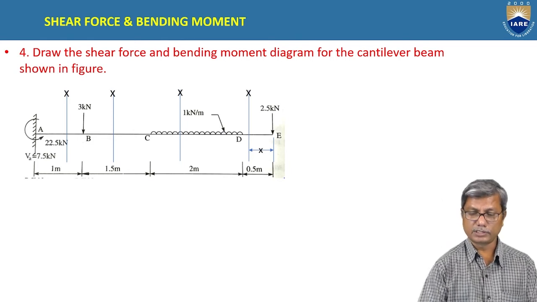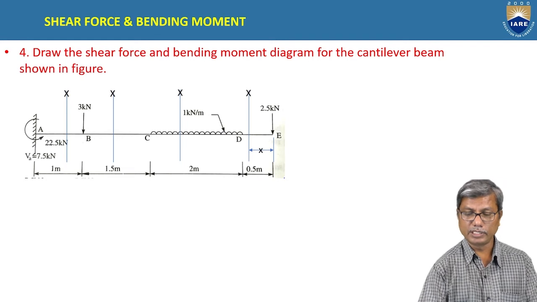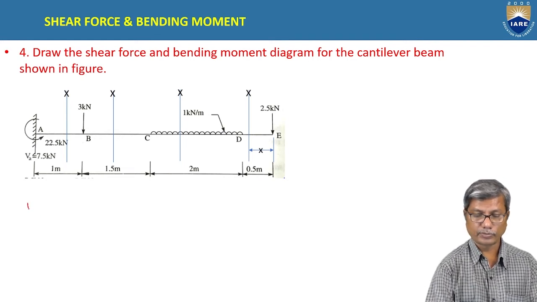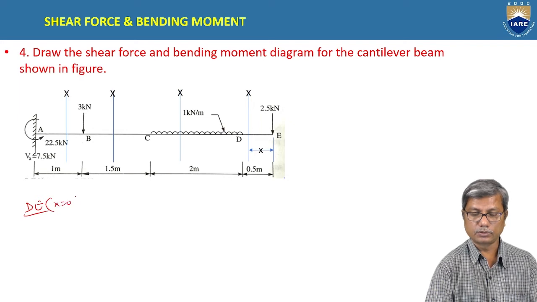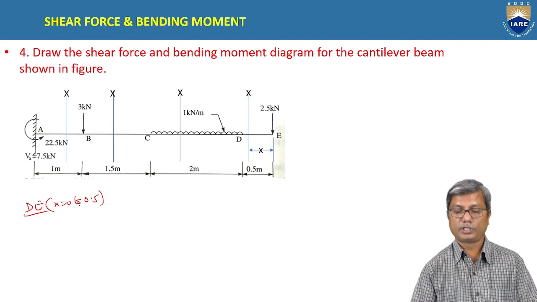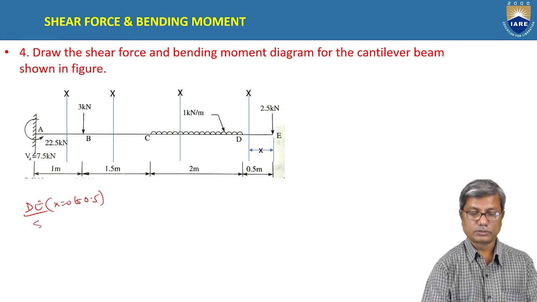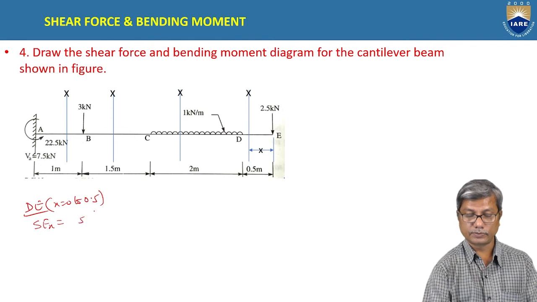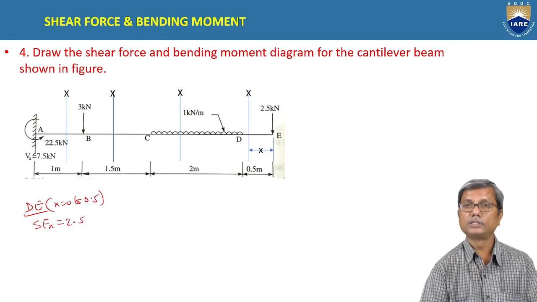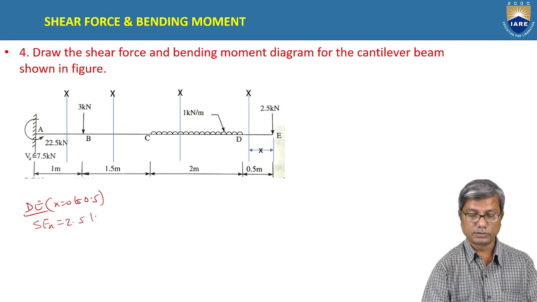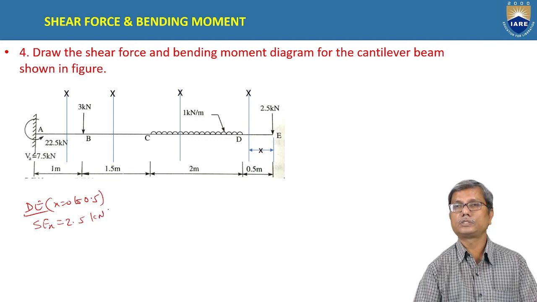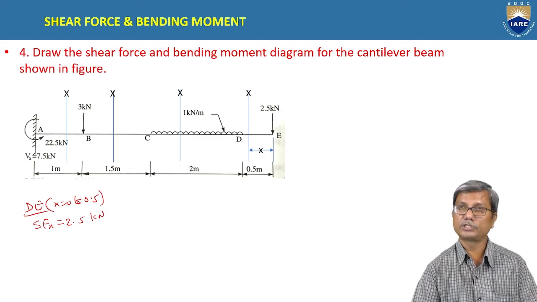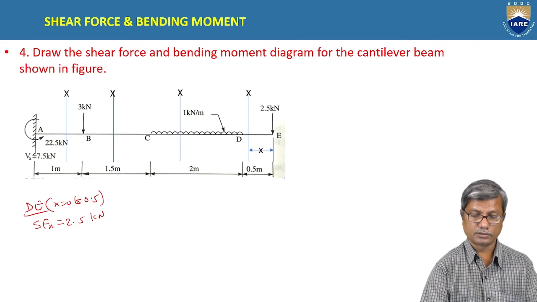First section, if you consider between DE, the limits are from 0 to 0.5. So shear force at X is 2.5. Right side downwards is positive. The same convention we follow here also.